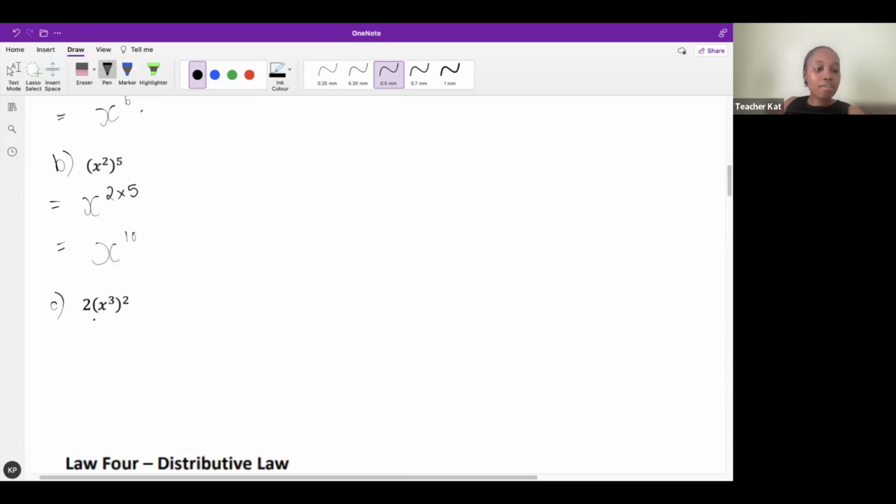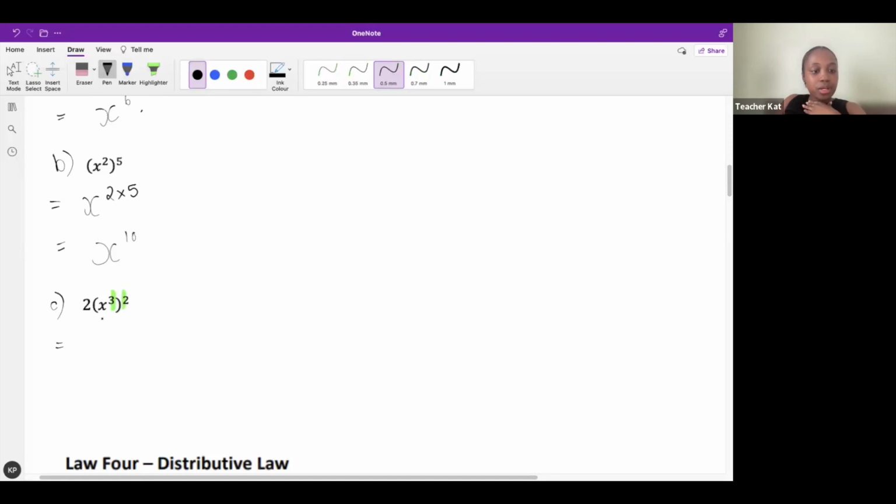Okay, and this time we have a 2, which is outside the bracket. Do you think I have to distribute the power to this one in front? Do you think the rule works like that? Do I have to? Thank you very much. No, it doesn't. So that 2 will only be distributed to the bracket.